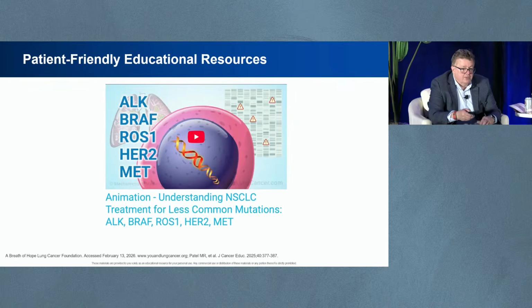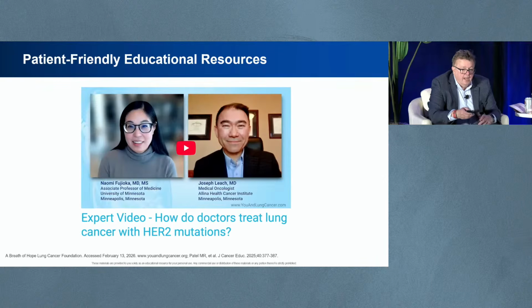In this module, HER2, experts explain how HER2 mutant lung cancer is treated, and that's true for all the other biomarkers. So it's a very nice resource for patients to go and get information about lung cancer in a patient-friendly written format.